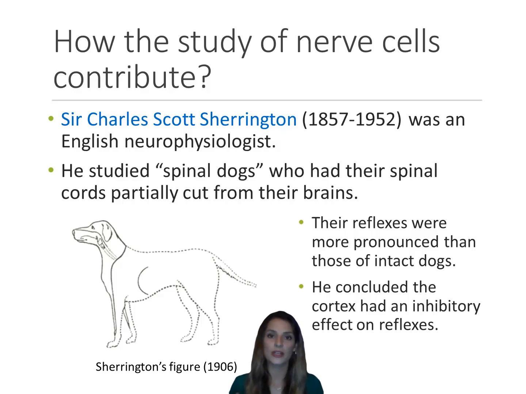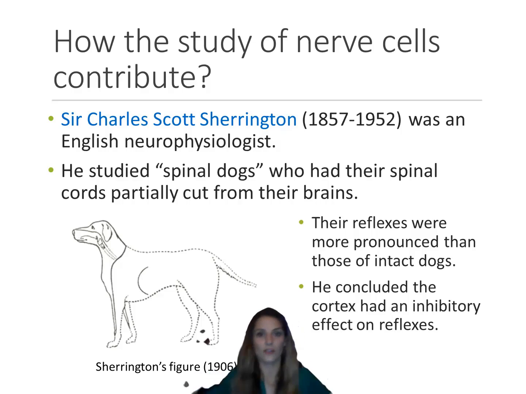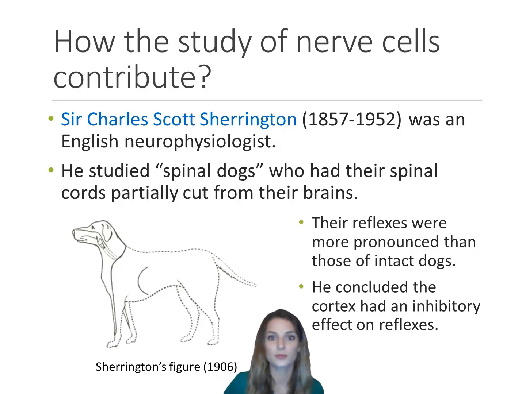So he concluded that the cortex had an inhibitory effect on reflexes. When the cortex was damaged in some way, those inhibitions were raised, and dogs were more likely to spaz out whenever they should simply just turn their head or lift their ears.